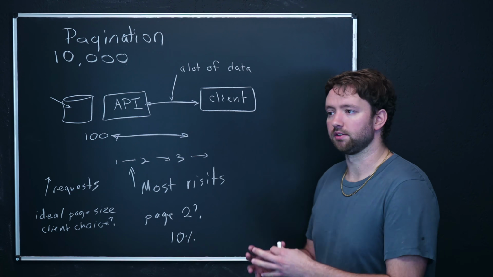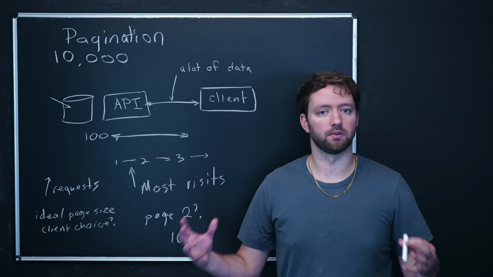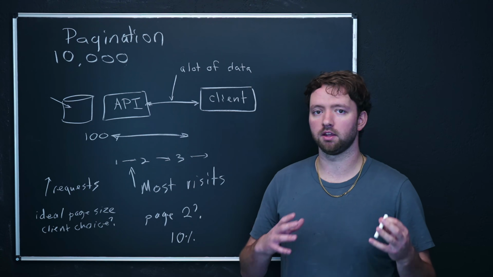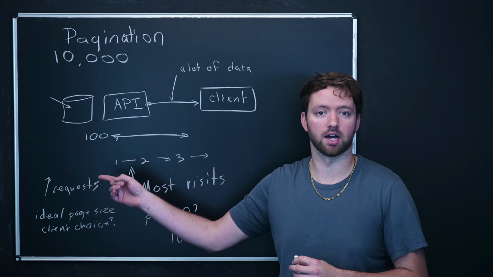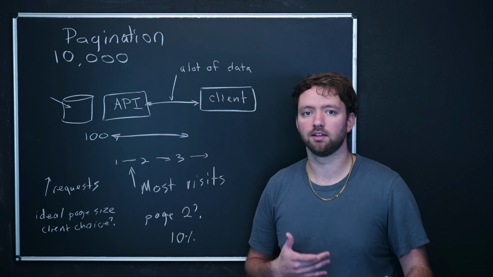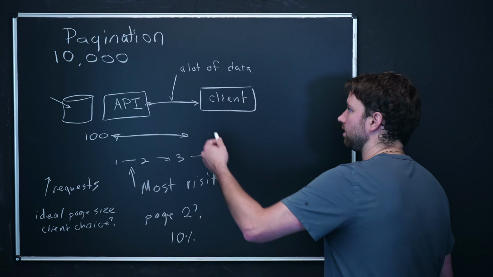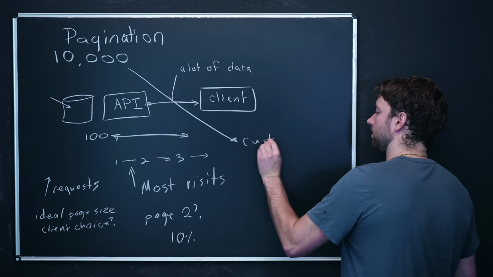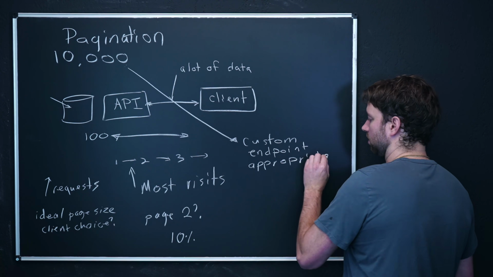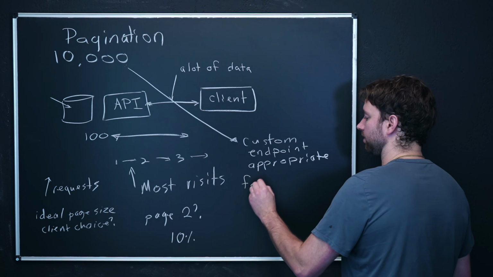And this might be something that's not universal across all of your different resources in your API. There might be certain ones where you adjust the default page size for that use case. If in many scenarios, the user is going to work through a lot of this data, you can just create a custom endpoint appropriate for whatever the use case is.